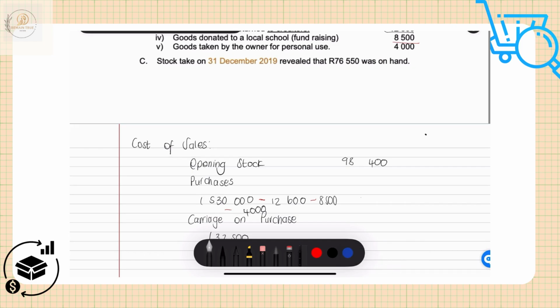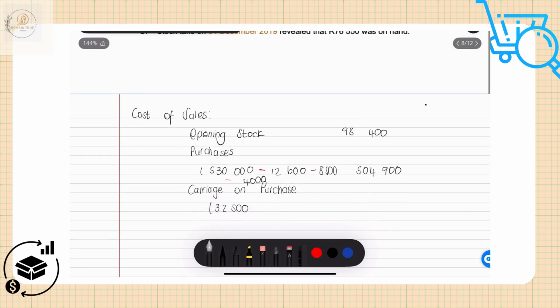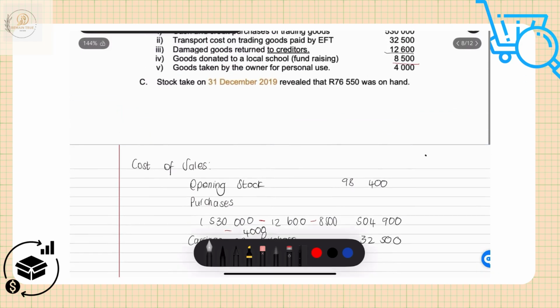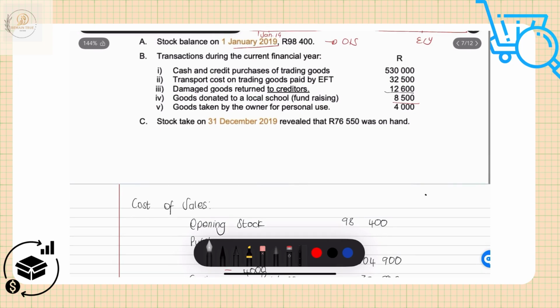Should get an amount of 504,900. Let's continue. Carriage on purchases, we only got one, so plus 32,500.